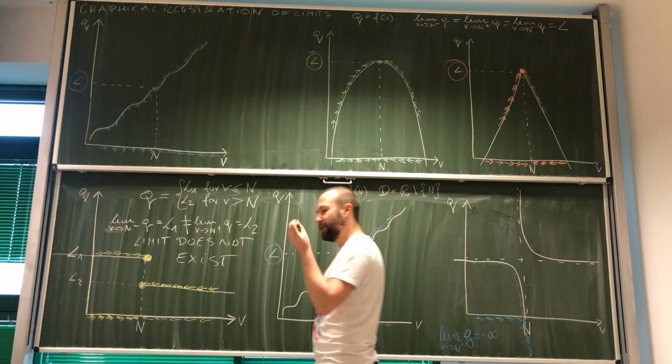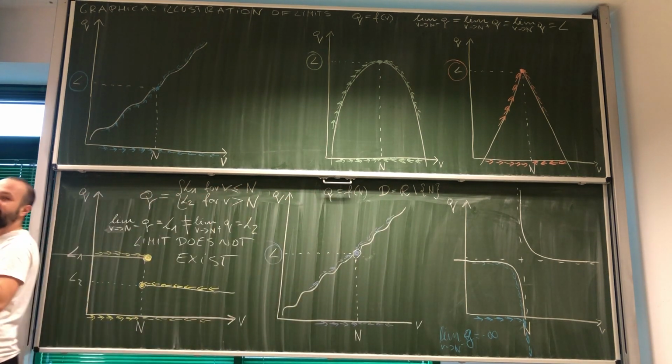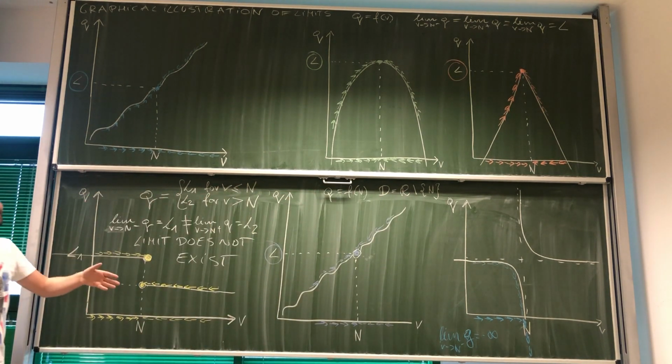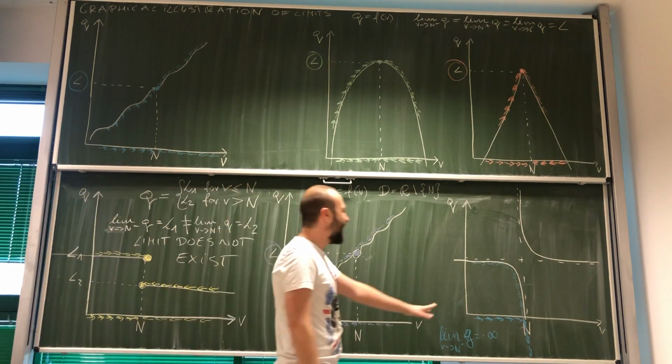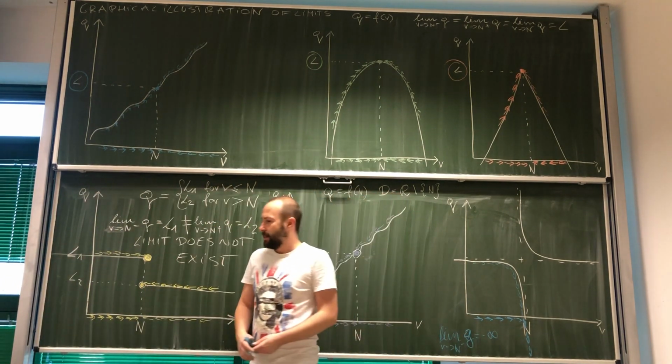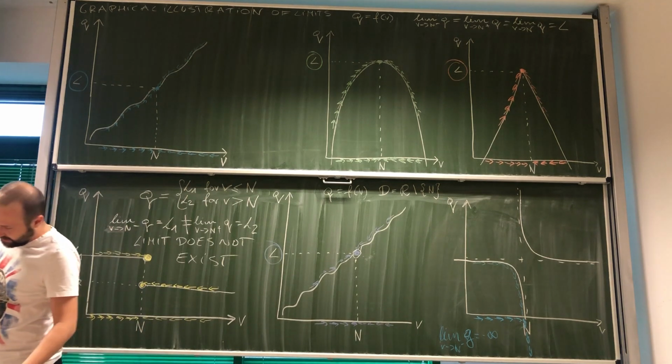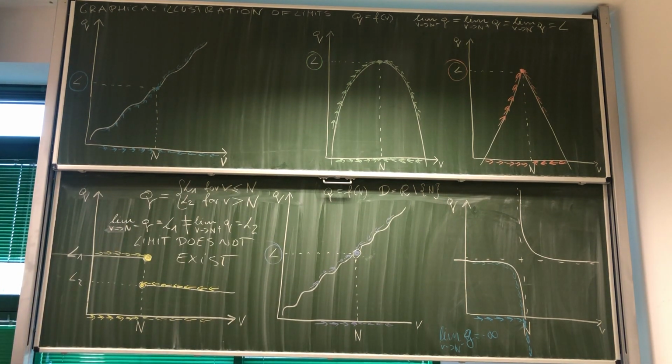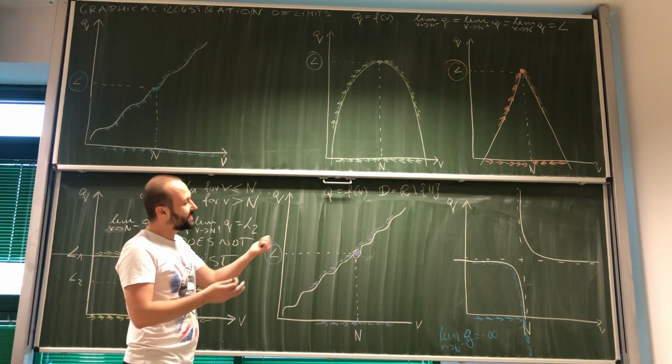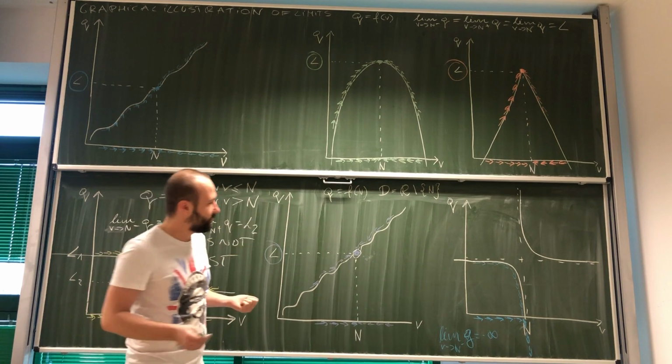It cannot be either infinity or negative infinity. So we already see that there is no limit at n over here. Okay, but even though there's no limit at n over here, let's see what happens on the other side.